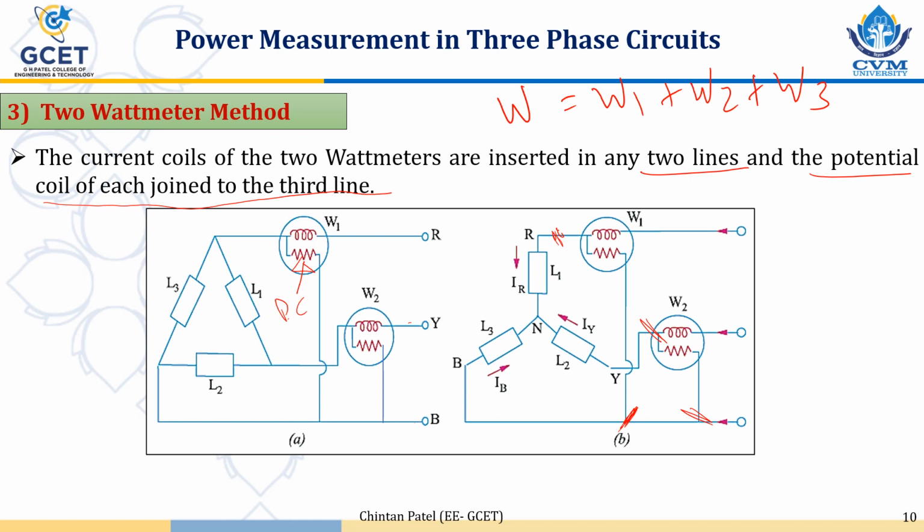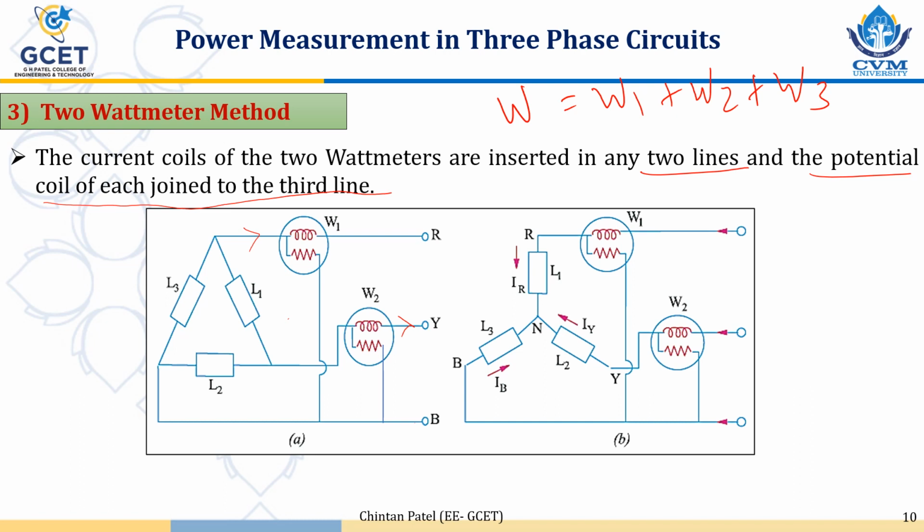Now from the diagram you can see that the current coil of wattmeter 1 will measure the line current of R line. Current coil of W2 will measure the current of Y phase or Y line.